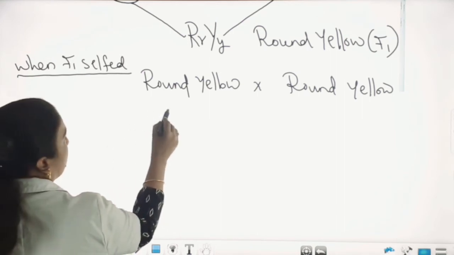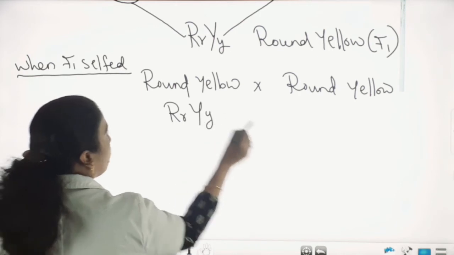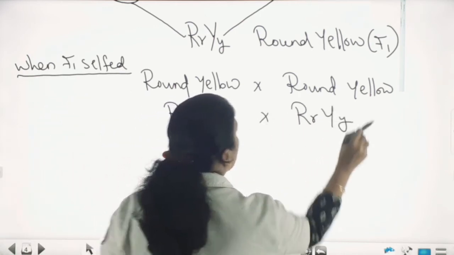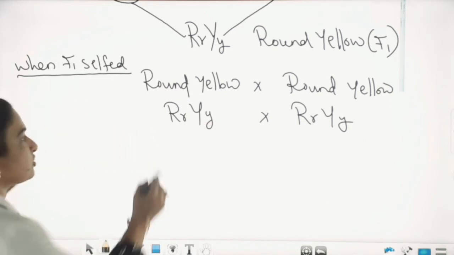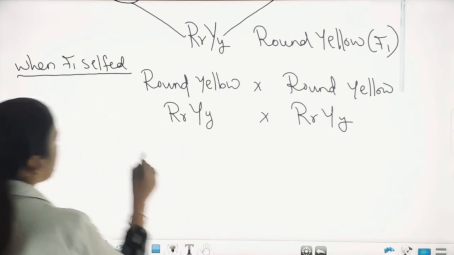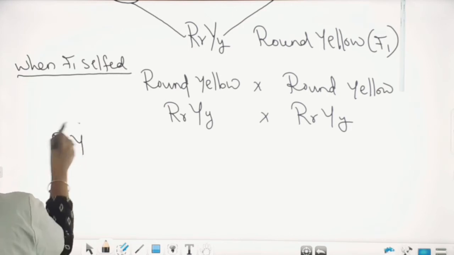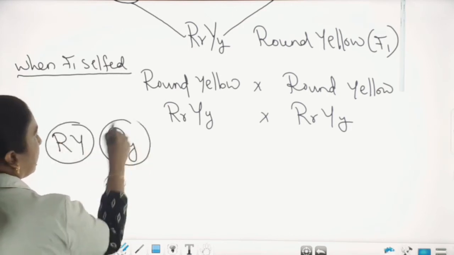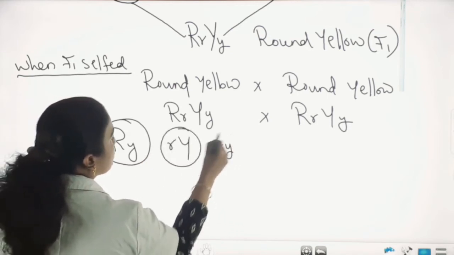So tell me the genotype: capital R, small r, capital Y, small y. The same genotype, capital R, small r, capital Y, small y. Okay, here also we can see the law of independent assortment. So there are possibilities of gametes. Which are the possible gametes? Capital R, capital Y; capital R, small y; small r, capital Y; and small r, small y.